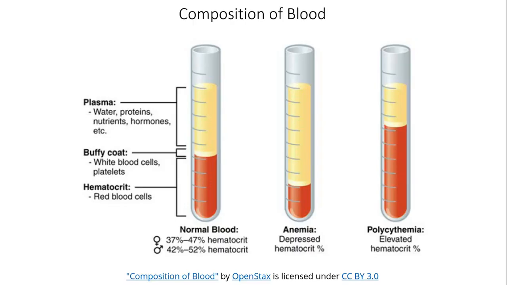And then the next section that you can see, very, very small part of the overall blood composition, is something called the buffy coat. This is going to be composed of the white blood cells or leukocytes, and then also the platelets. So as you can see, there are far more red blood cells in our blood than these white blood cells and platelets. The white blood cells and platelets are still obviously very, very important, but they don't make up as big of a percentage of our overall blood composition.